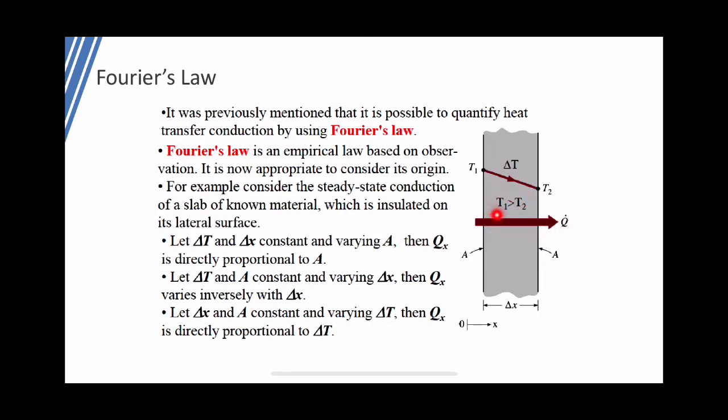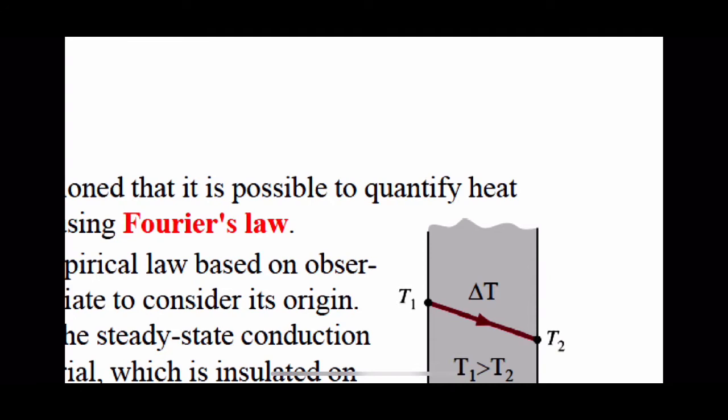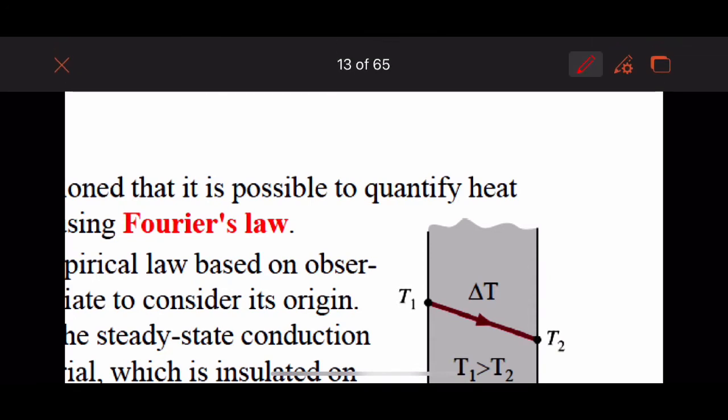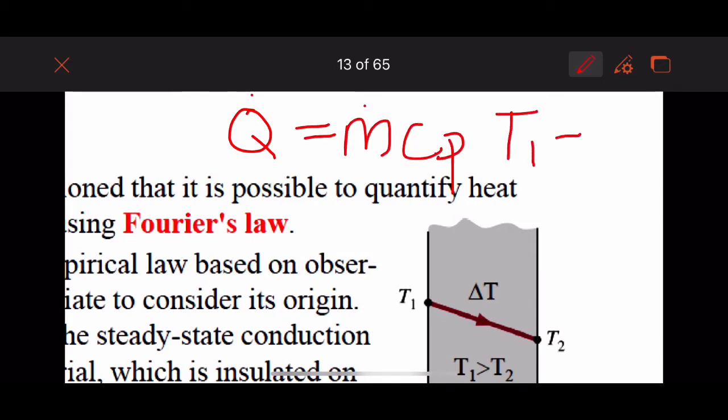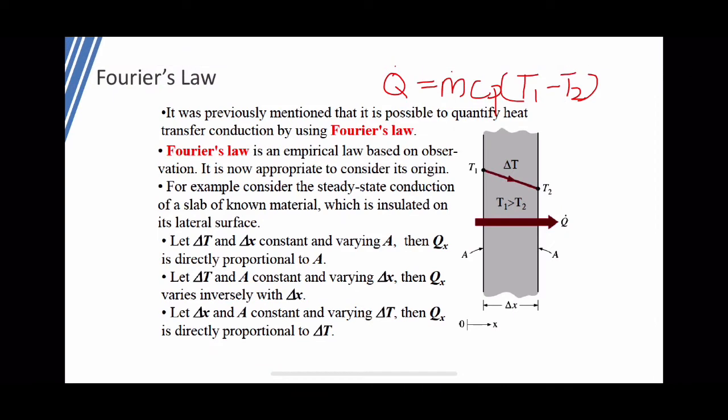Because T1 is higher than T2, Q will cross from T1 to T2. Okay, so this is the very basis of the equation, let me write it down: Q dot equals m dot Cp (T1 minus T2), right? So this is the basis of that equation, Fourier's law.